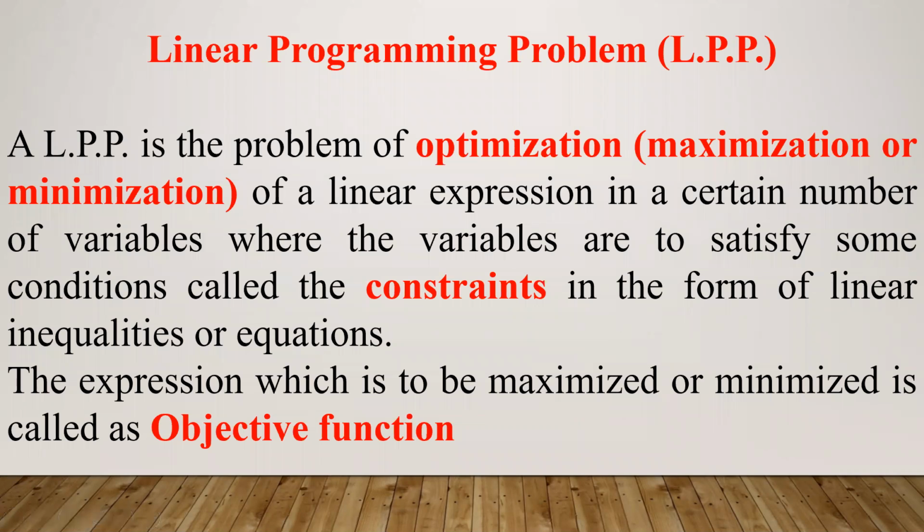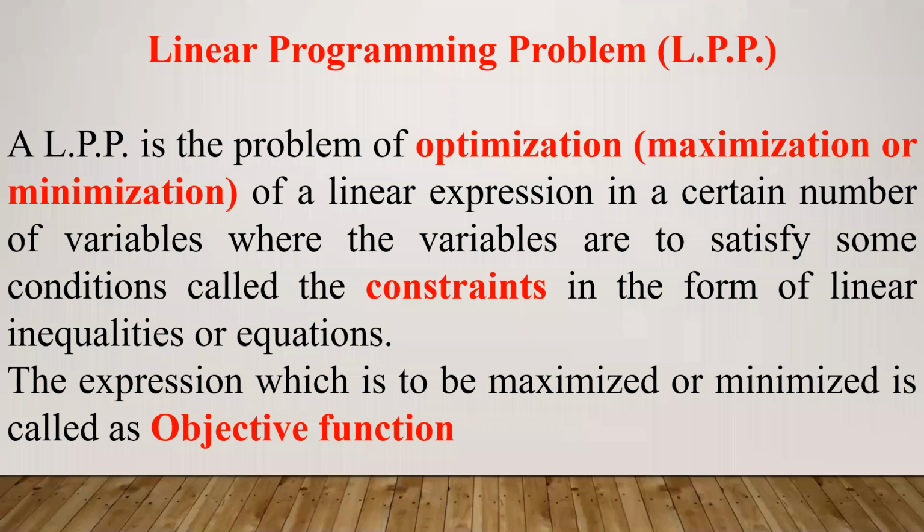See, in any business unit or in any factory, the purpose is to maximize the profit and to minimize the cost of production. Okay, but maximizing the profit cannot go on without certain constraints.